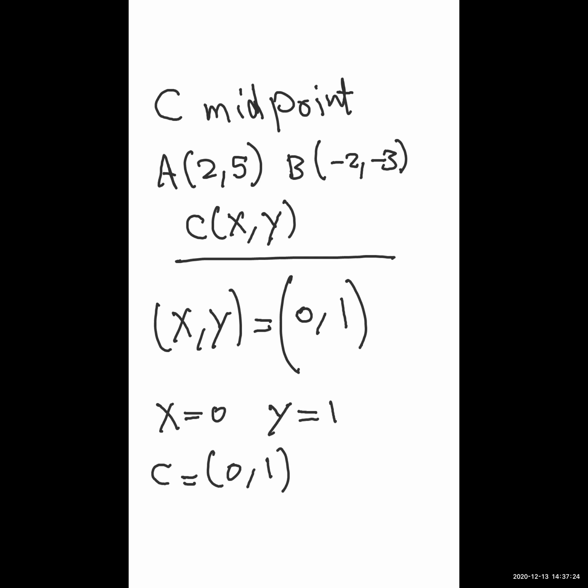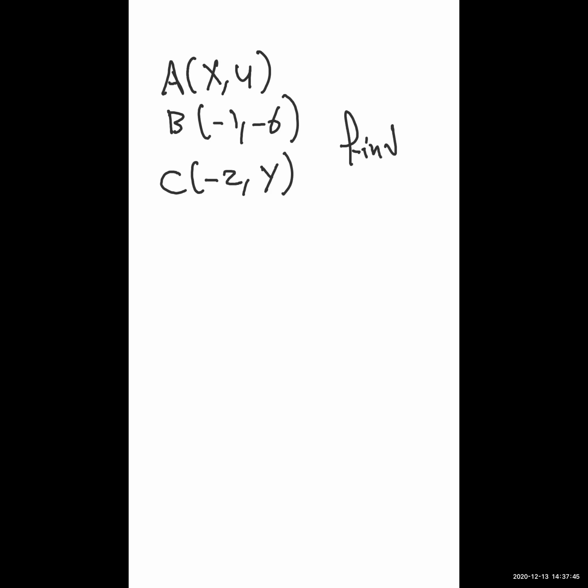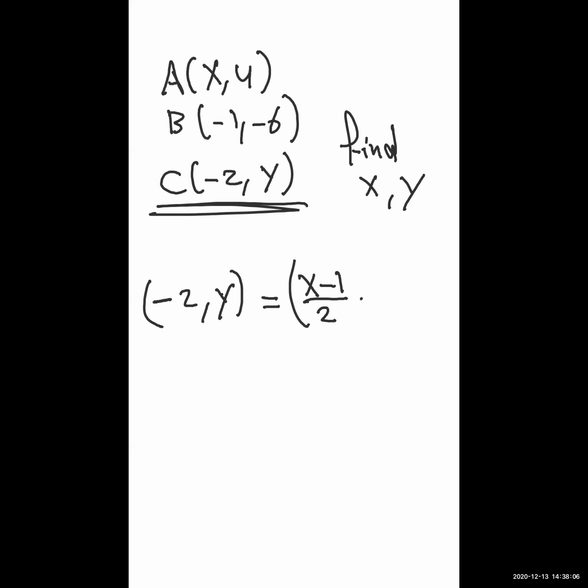Yes. Okay, the next one, if it's like this, A is X and 4, B is -1 and -6, C is -2 and Y. I want to find X and Y. Now C is the midpoint, so -2 and Y will equal X1 plus X2, so X plus -1, which means X minus 1 over 2, and Y1 plus Y2, 4 plus -6, so -2 over 2.